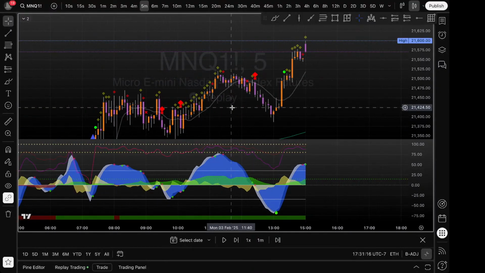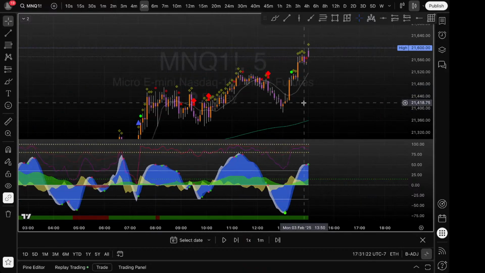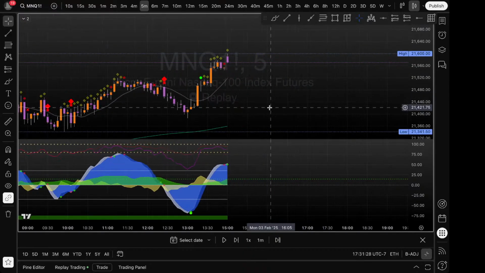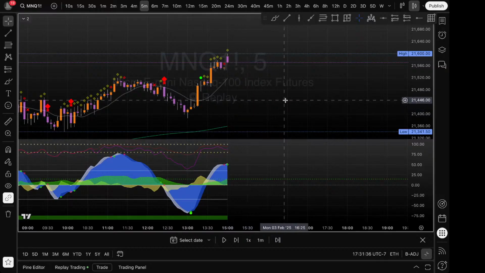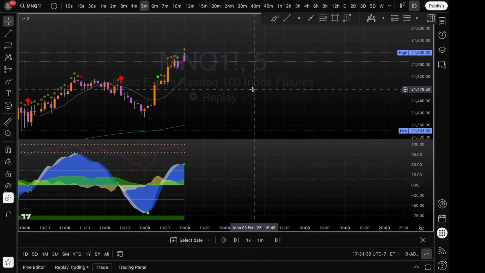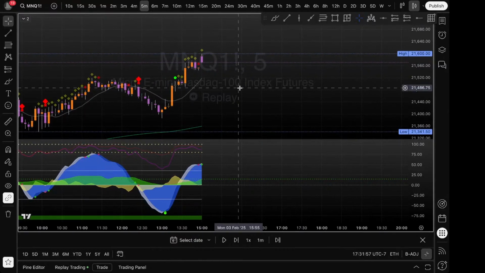So we chickened out on a couple of trades. Didn't exactly have the alignment we wanted. So maybe we didn't chicken out, but that's it for Monday, New York session. Now we're going to come back at like 1600. Yeah, Asia is at 1600. So let's just go ahead and get there.